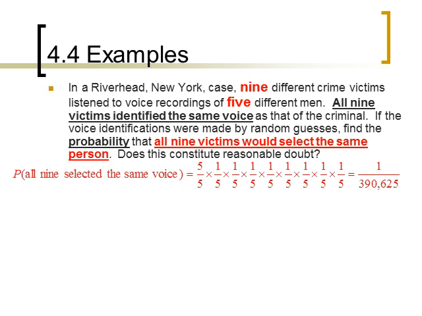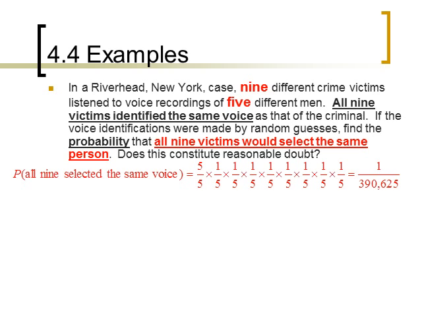Now, this is really a difficult one to understand and to explain to students because it looks so different from the other types of probability setups. Notice that the first fraction represents the first person's pick, and that's 5 out of 5. Now, where did the 5s come from? Well, how many different voices are these crime victims listening to?